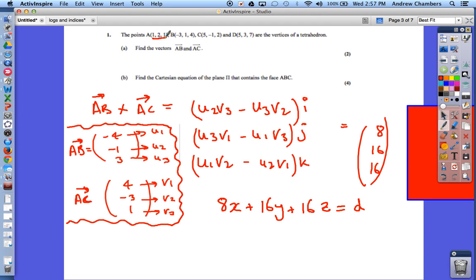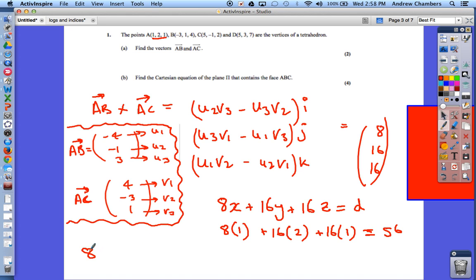But when we look at this point here, 1, 2, 1, this point is on the plane, so if we substitute this point in, we're going to find out what that value for D is. So x is 1, y is 2, and z equals 1. If we work all that out, we get 56.